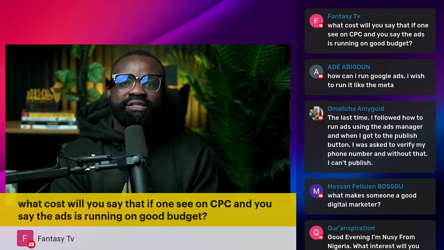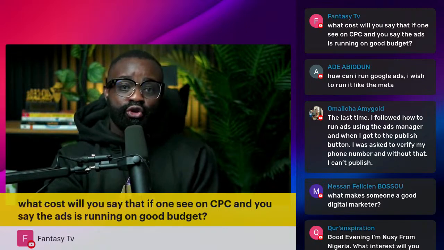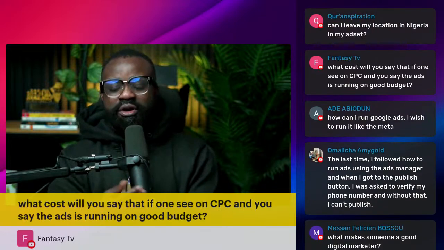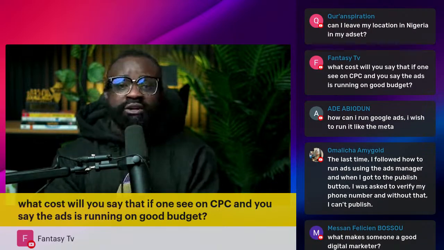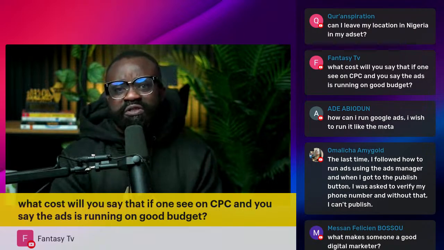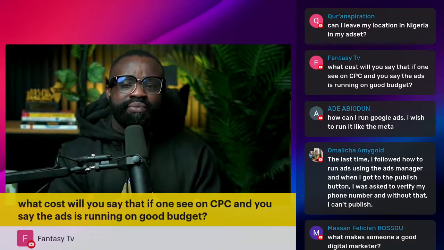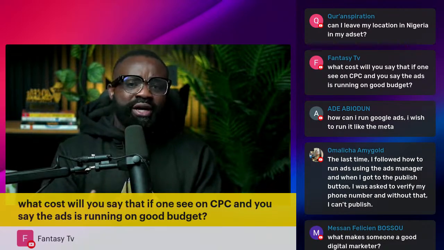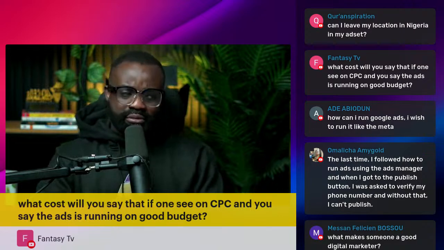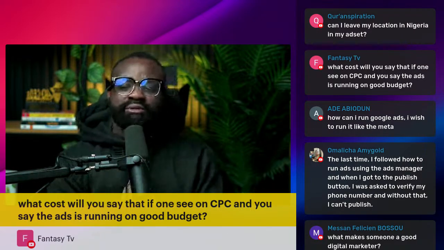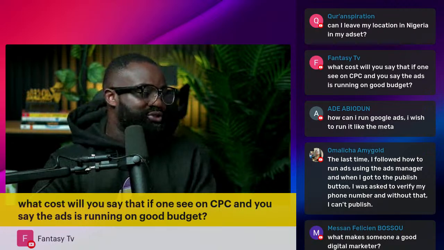If I'm getting good results with my KPIs, enough impressions and reach, enough link clicks and messages, even if I'm paying high, then I can say my ad is profitable and it's good, right? But if your cost per click is very high and you're not getting results, then you can say it's bad. The ultimate is that your cost per click is low and you are getting results. I hope that answers your question.